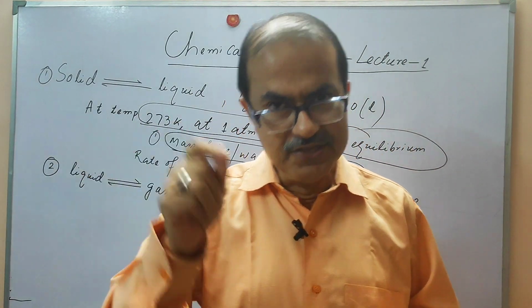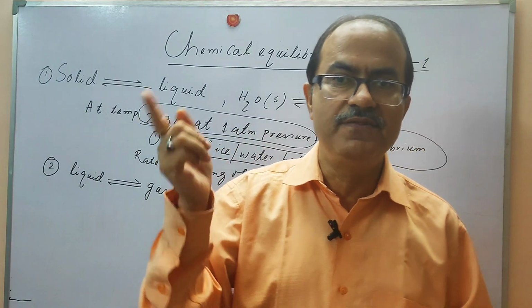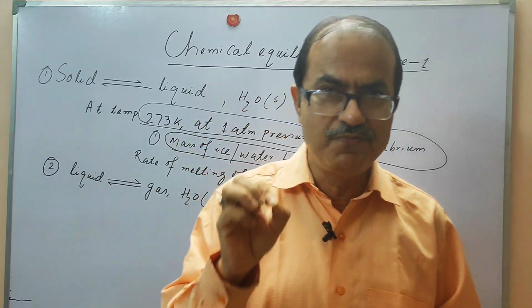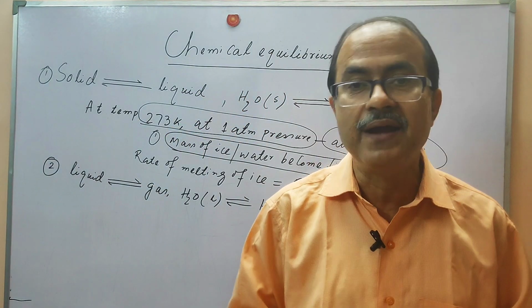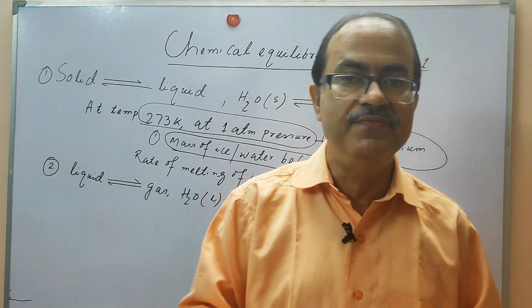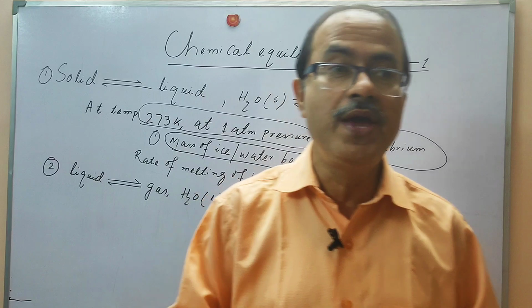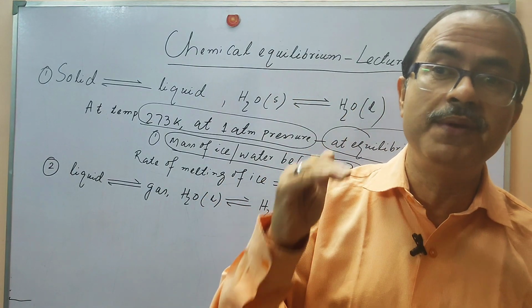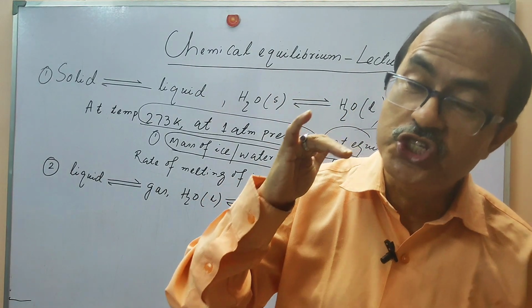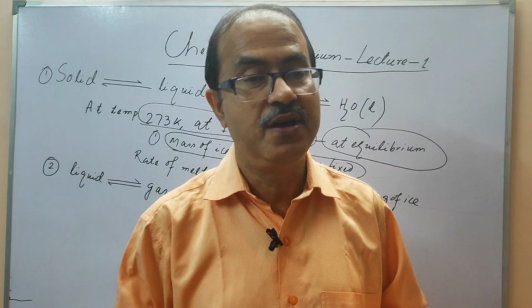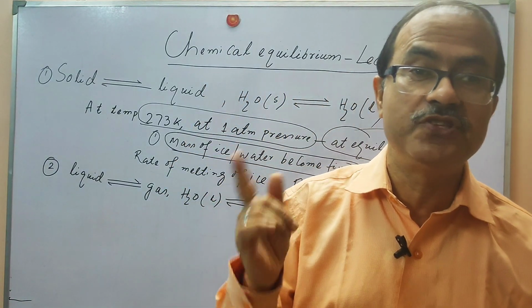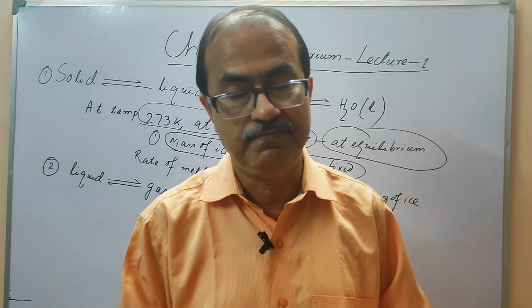But these evaporated water molecules will again return back to the water surface, and this process continues, and the time will come when we are able to achieve a constant vapor pressure. This is also called the equilibrium vapor pressure.